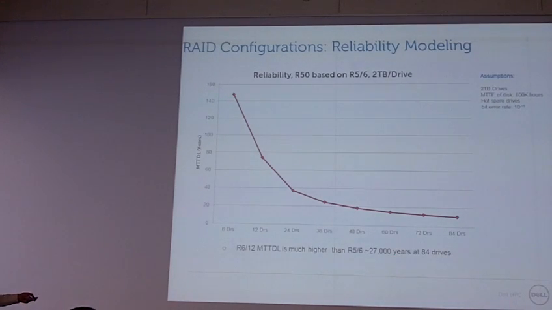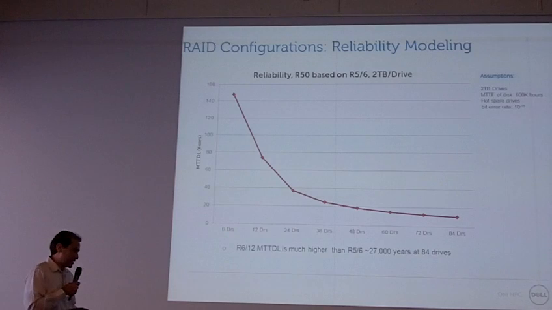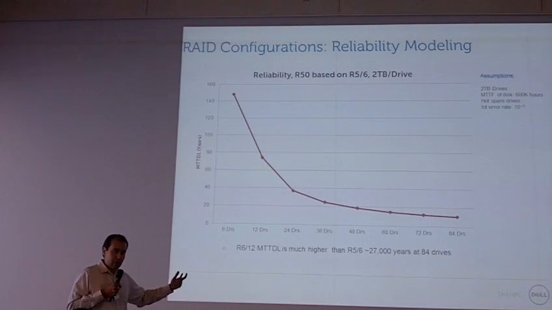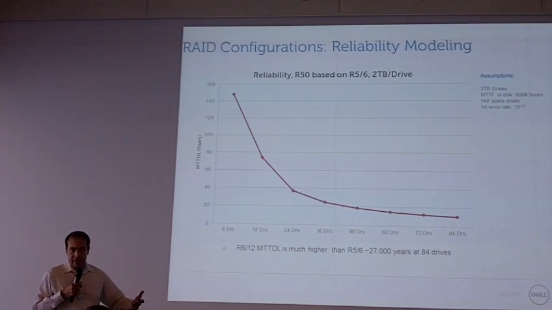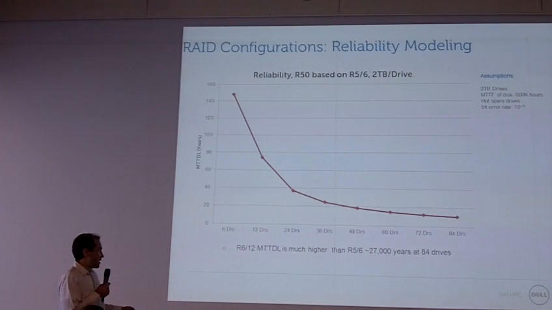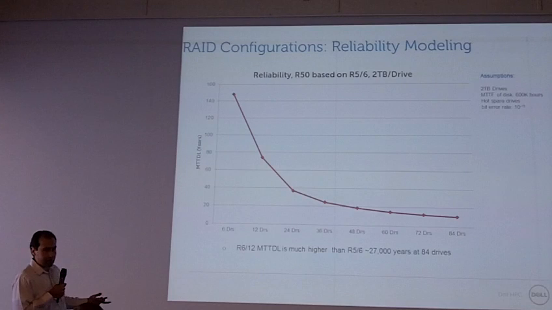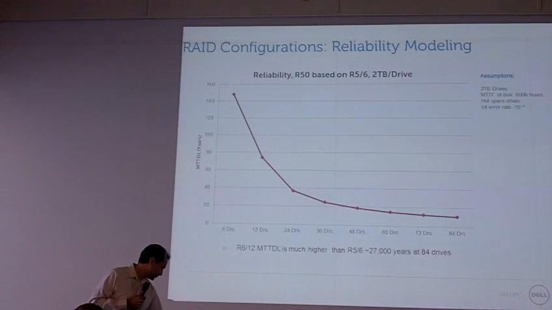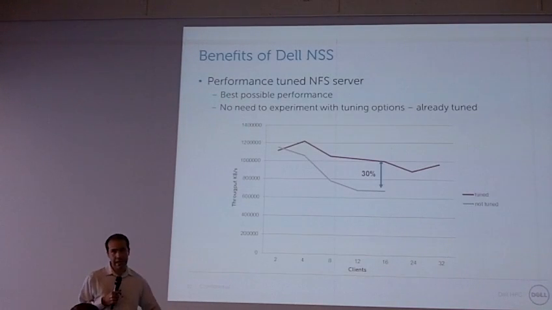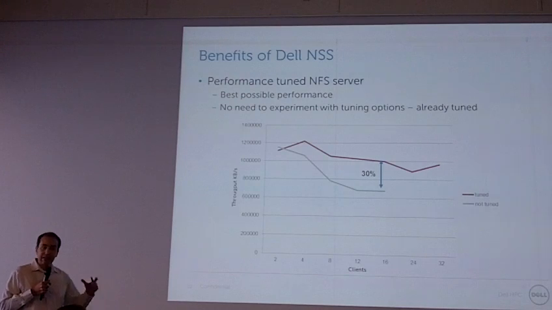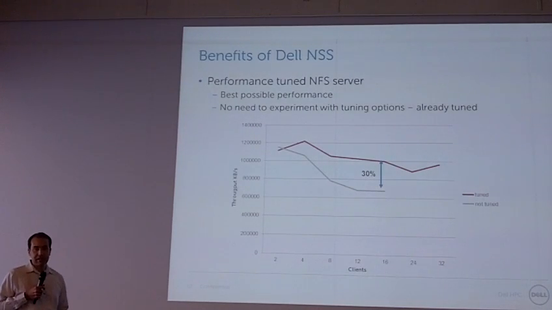It was about 27,000 years at 84 drives, which is not plotted on this graph. But that's one of the reasons why we chose RAID 6. And if you remember the previous slide, it looks like it doesn't give us a performance penalty when we configure the RAID 6 with 12 drives. So that was a snapshot of one of the things that we looked at.